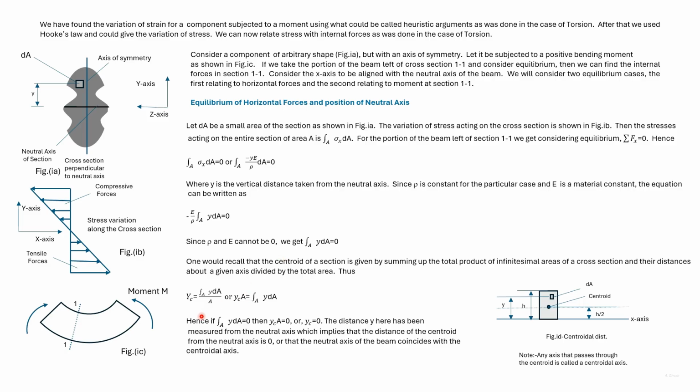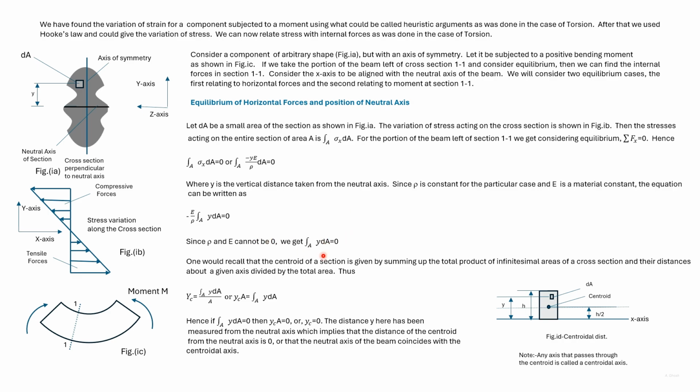Now one would recall the equation of centroid of an area. Here yc is the centroidal distance. This equation can be written as yc into A is equal to integration of y dA.